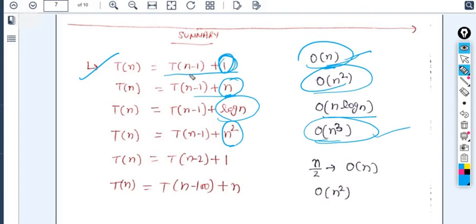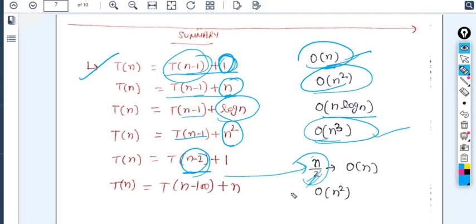Now that was when you are taking the n minus 1 case, right? If I'm taking n minus 2, then what will it be? Like this was decrementing by 1, here you are decrementing by 2. That means the repetition, substitution, will become half comparative to this. So it will come n by 2 here, right? So remove this constant, it will never affect, it will also come order of n.